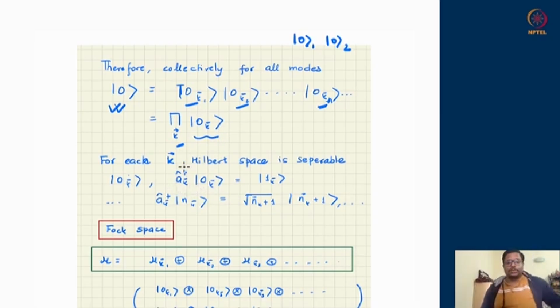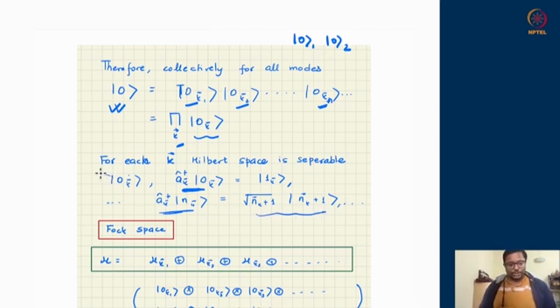So you see, for each K, I can either have a 0K, which is the vacuum of that oscillator set, or I can have the first excited state, which is AK dagger acting upon the vacuum, or I can have the second excited state while two AK daggers act on the vacuum, and similarly the nth eigenstate or n plus 1th eigenstate by AK dagger acting on NK, and just like an ordinary oscillator you will get this kind of structure.